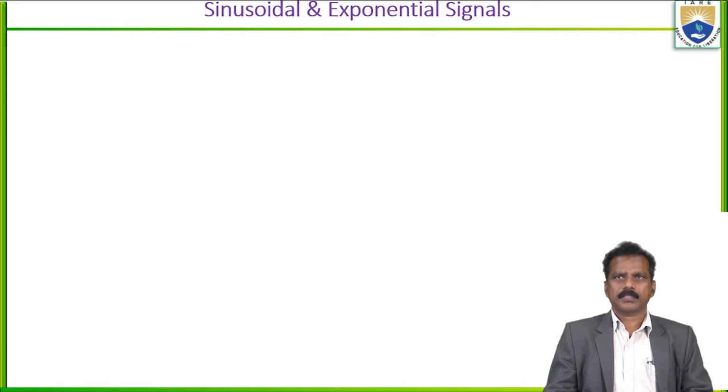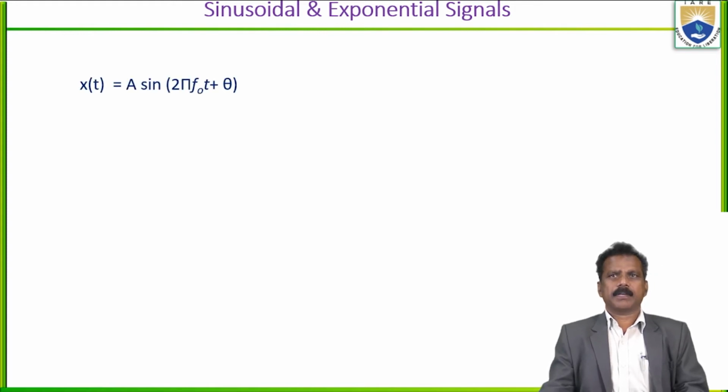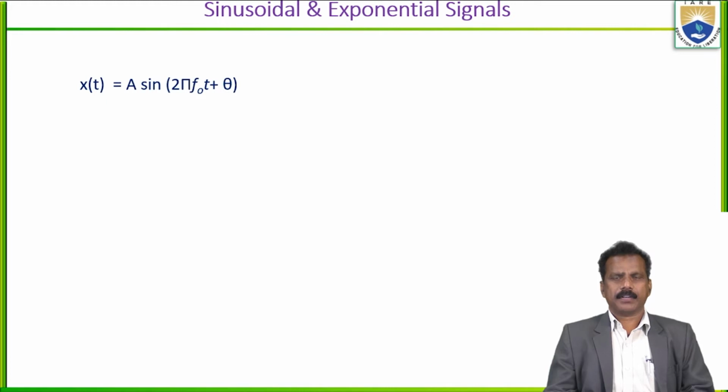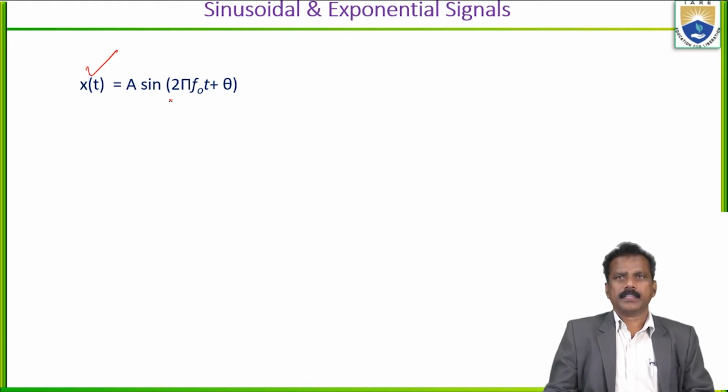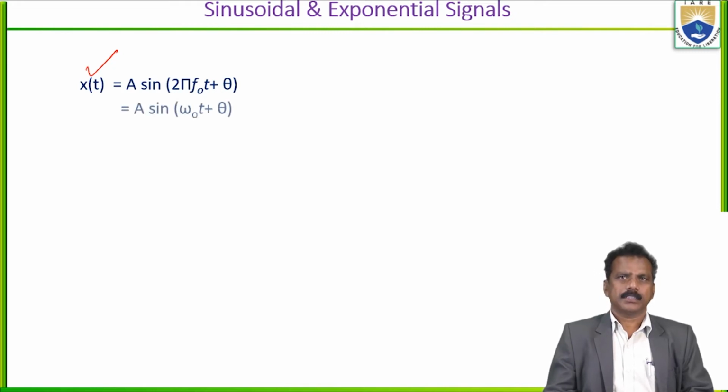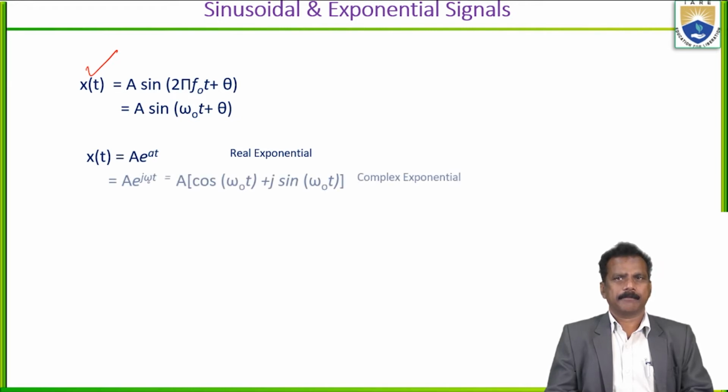Now coming to sinusoidal or exponential signals. In mathematical notation, x of t is equal to A sine of 2 pi f naught t plus pi, that is, A sine of omega naught t plus pi. We can simplify this: x of t equals A e power at, which is the real exponential.